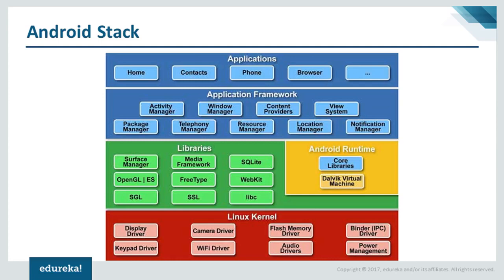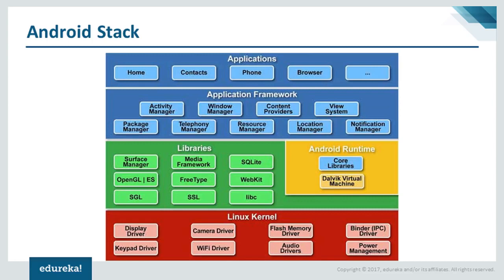As I told you, Android is an open source platform for mobile development. They have scooped everything from Linux and created Android on top of Linux. It consists of the complete stack of Linux, hardware as well as middleware.